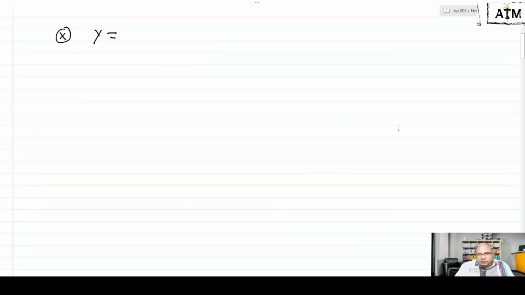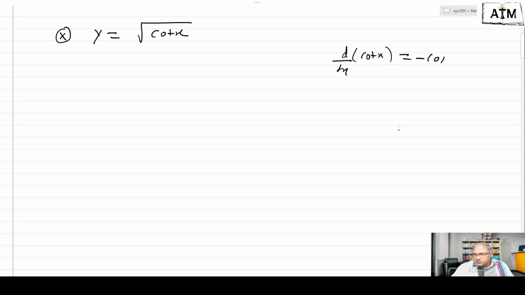Next example, y equals under root of cot x. Now one should know the derivative of cot x with respect to x is minus cosec square x. Now we do it as earlier, only the function has changed. In place of tan x, the cot x has come.